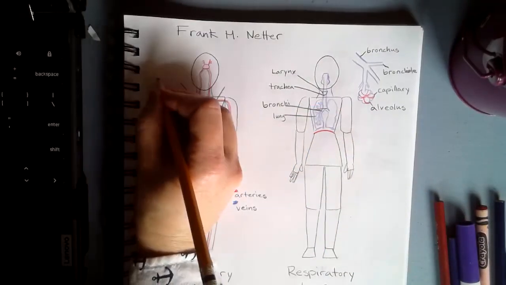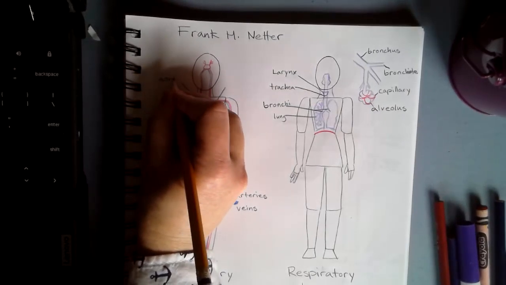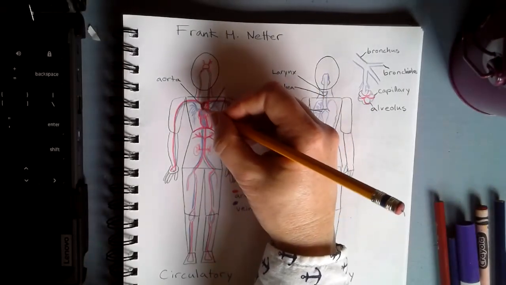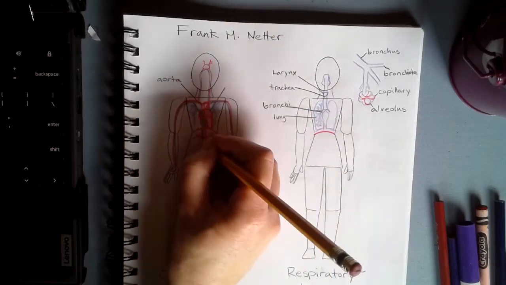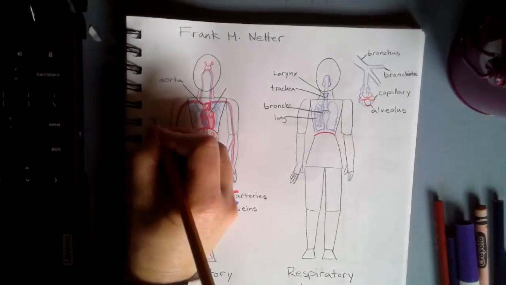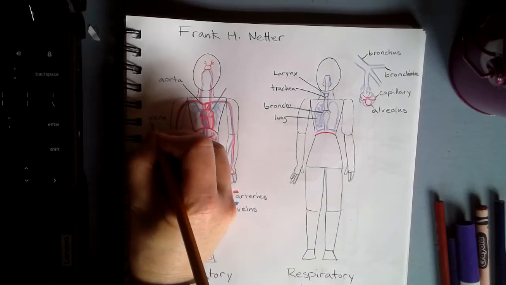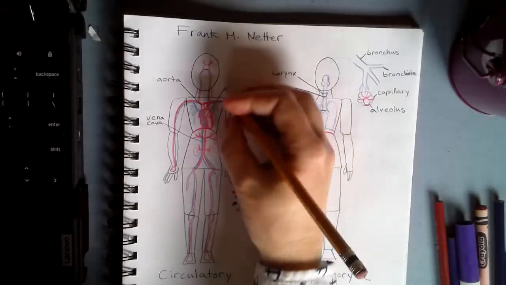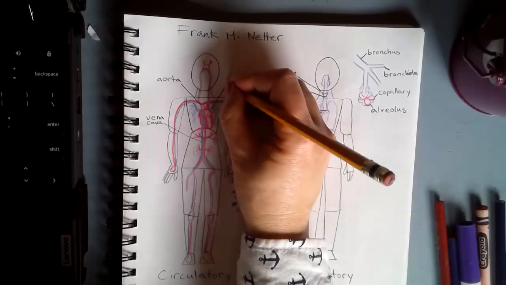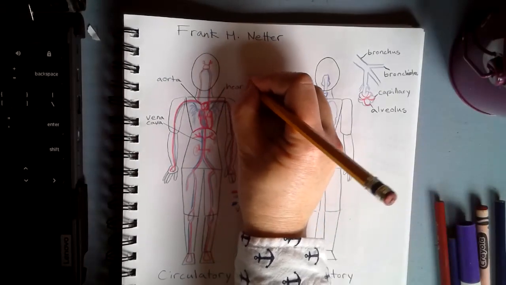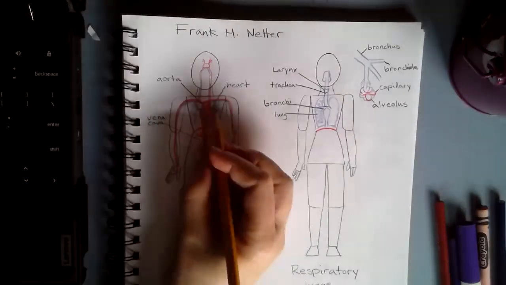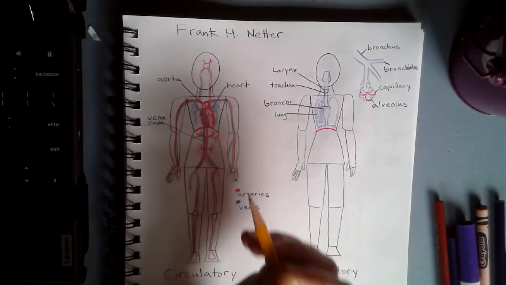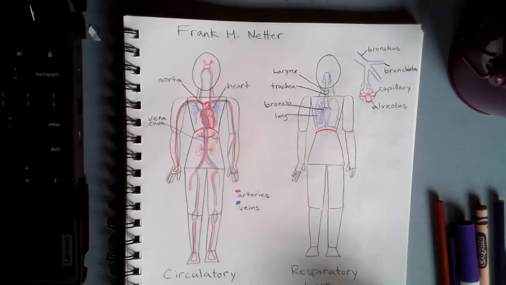Okay, so aorta is the main artery taking it away. This one that goes all the way down here. Vena cava is the one bringing it back. Runs alongside. We've got the heart, which is a four-chambered heart. So we got, let's see, atriums and ventricles. Okay, so that's what you need for those.